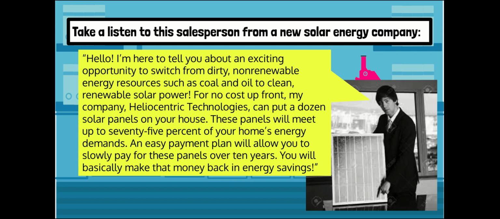We already know where the information is coming from and who the information is coming from. So start thinking about who benefits here? Who pays the costs? And when we're done listening to the information, we'll have a little chat about whether we think this information is reliable or whether we have some problems with it.